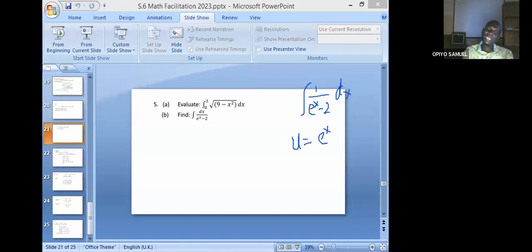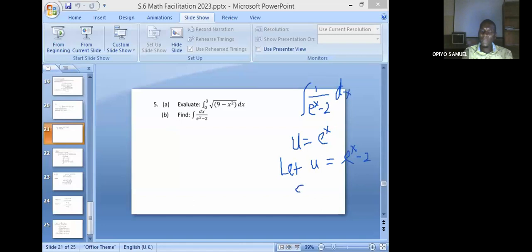Someone may think, let me change this variable and this time let u be the whole of this lower part here, e to power x minus 2.